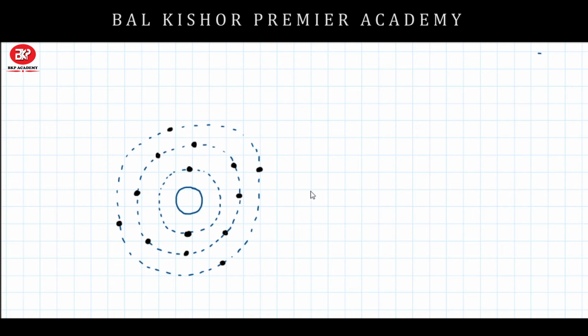Here we can see that this is the nucleus, the core of the atom, and inside the core there are neutron and proton particles. These black dots are electrons, and these electrons are revolving around this nucleus in different energy levels.